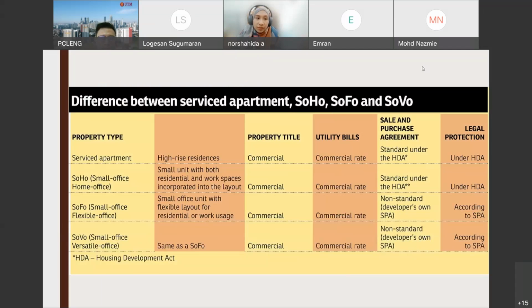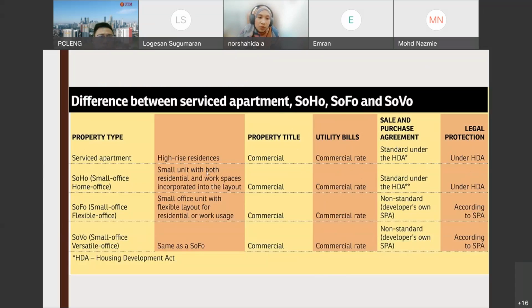Okay, so this is a difference between service apartment, SOHO, and also SOHO. Kalau kita tengok service apartment, dia punya property title adalah commercial. Utility bills dia mengikut commercial rate, and in terms of SPA dia ada HDA, and legal protection dia also ada HDA. Same goes to SOHO, small office, home office.